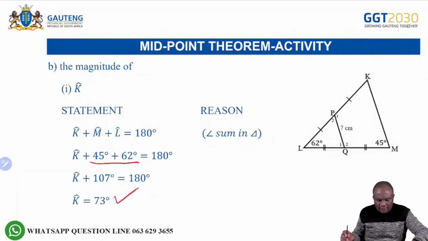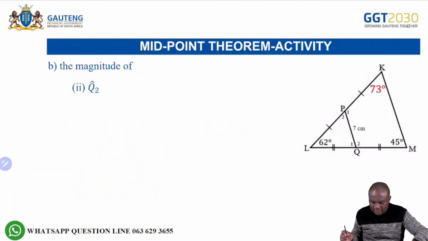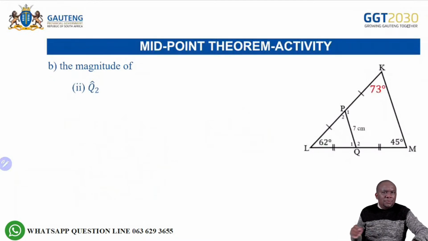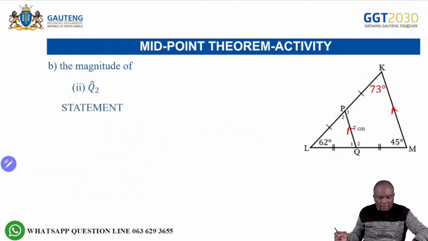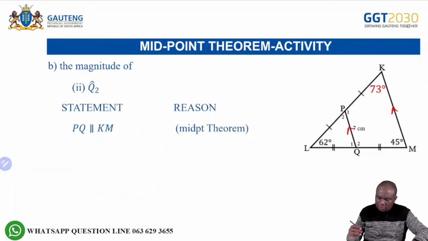Okay, right. And then the next question, we're finding angle Q2. We can do it differently, but I'll show you what I did here. We're saying that PQ is parallel to KM anyway. Why is PQ parallel to KM? Because of the midpoint theorem. So PQ and KM are parallel lines. So 45 degrees and Q2, what type of angles are these ones?